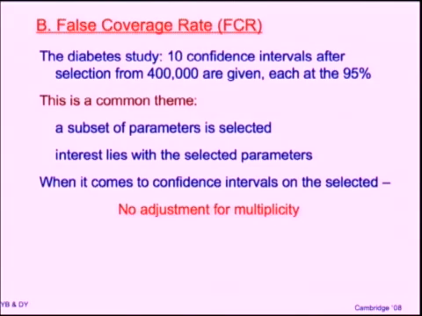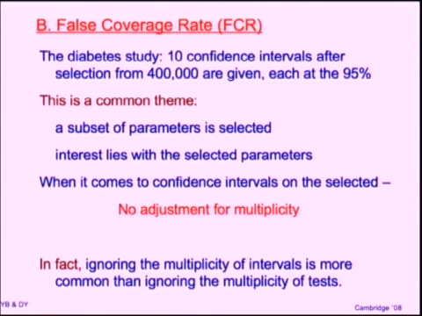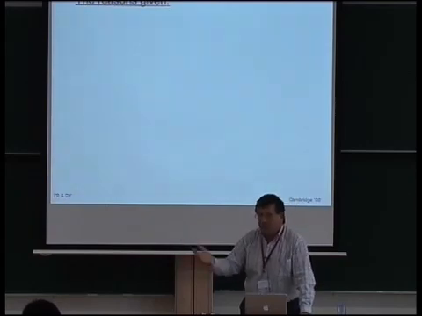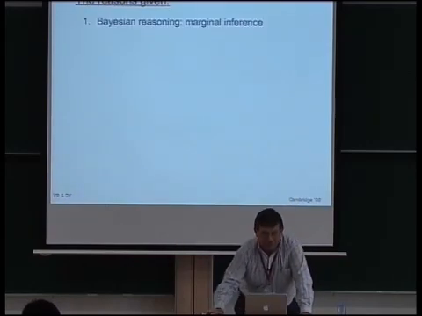This is a common theme. A subset of parameters is selected, interest lies in the selected parameters, but when it comes to confidence intervals, nothing is done. In fact, ignoring the multiplicity and selection effect is more common in confidence intervals. Why is that?